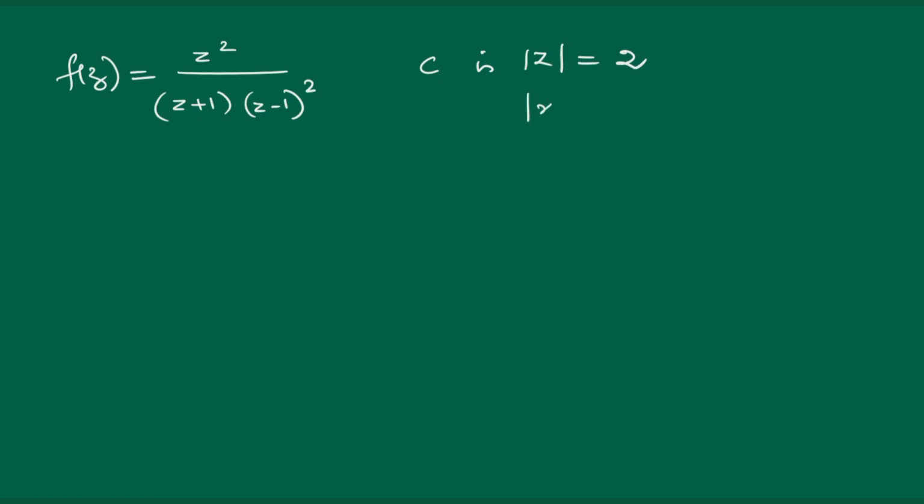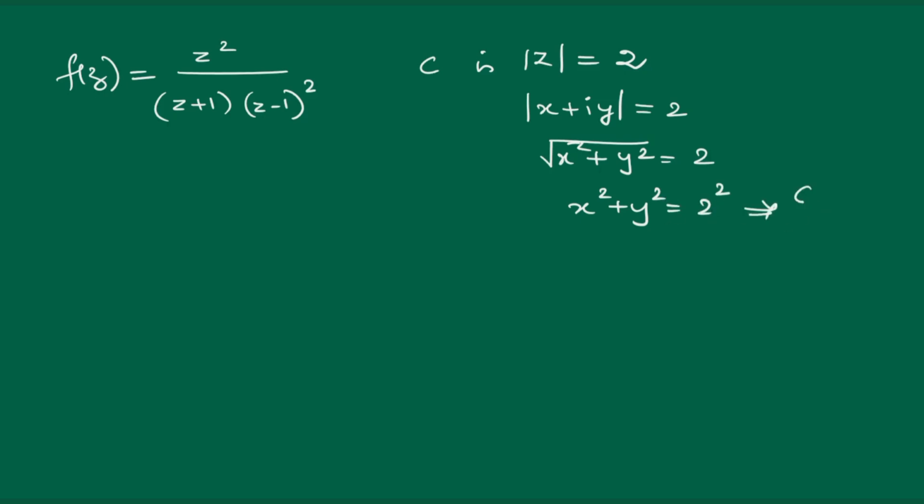That is, z is nothing but x plus iy. The modulus of a complex number is the square root of x square plus y square, and this is equal to 2. To remove the square root, we can write it as x square plus y square is equal to 2 square.